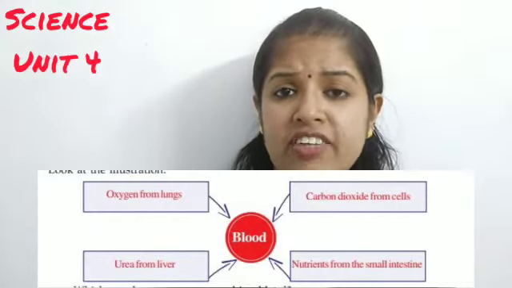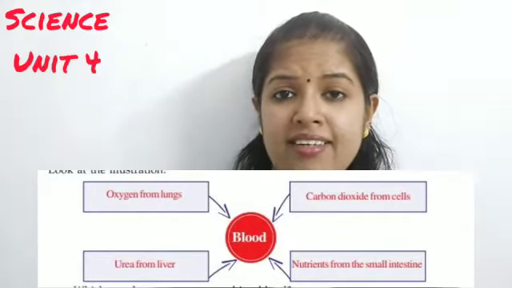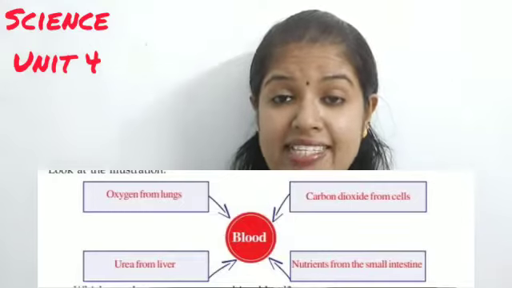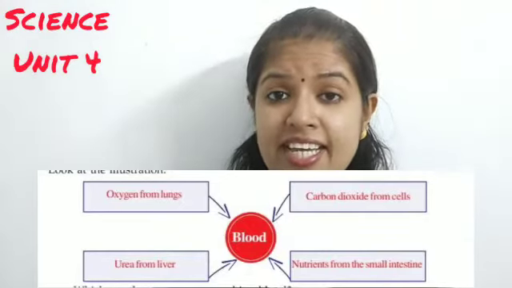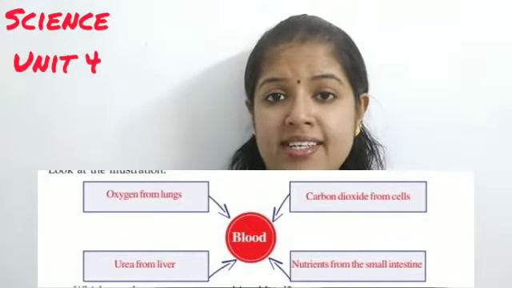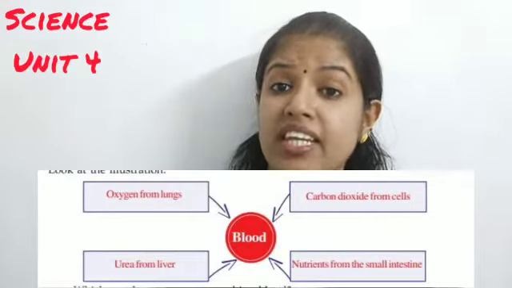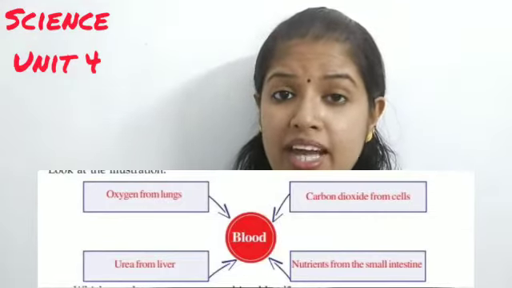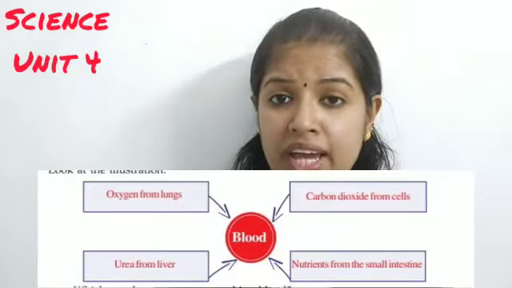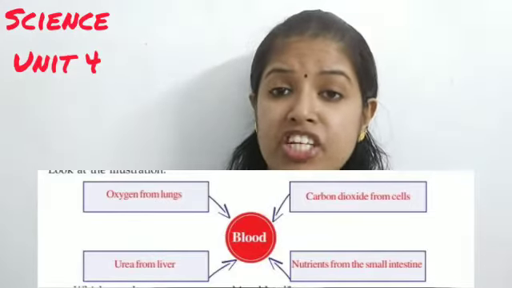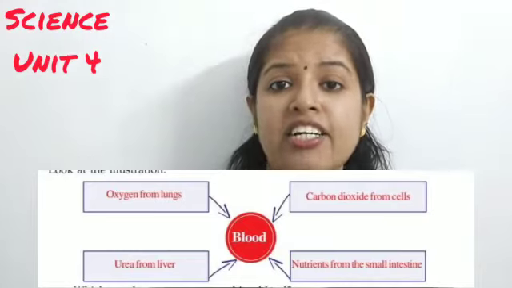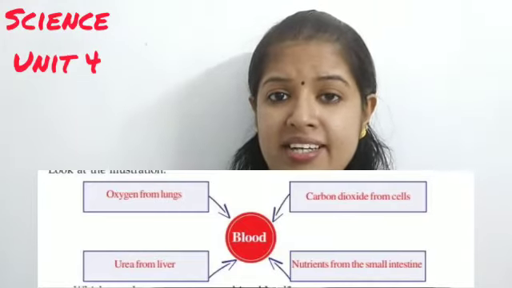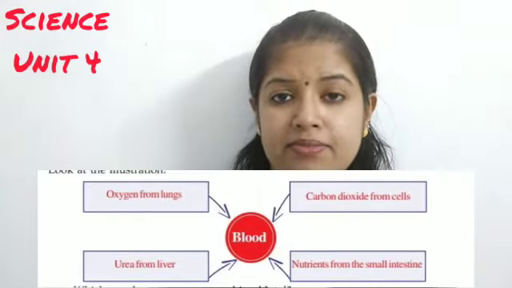Exactly. Oxygen and nutrients are the essential things we need in our body. And carbon dioxide and urea are the waste which should be eliminated from our body through excretory organs.